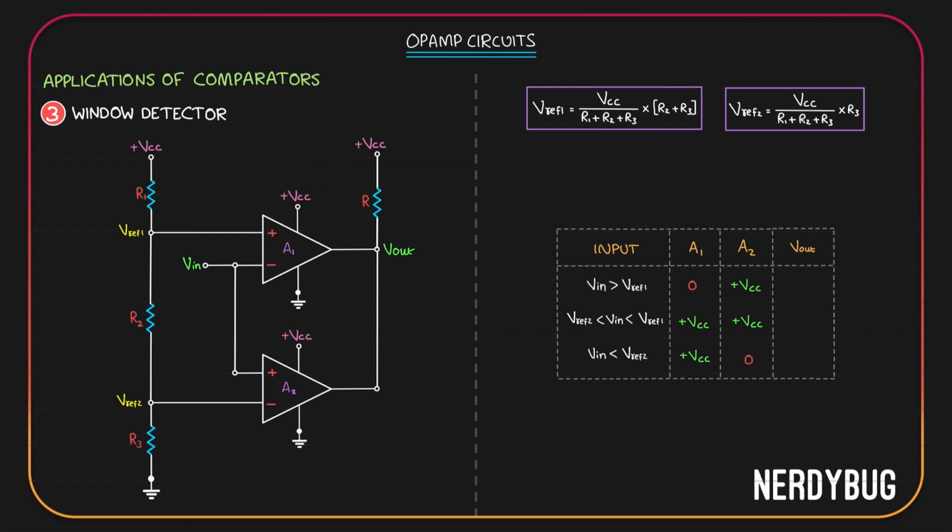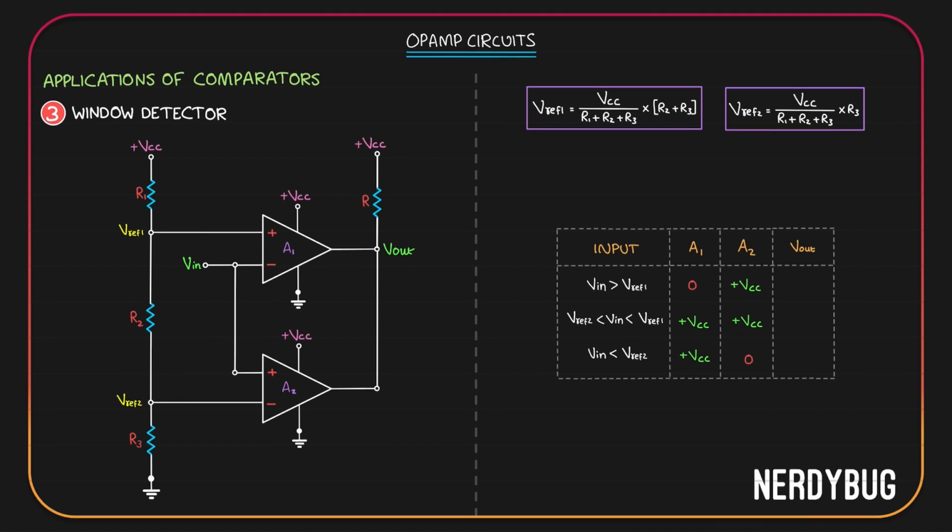And that is perfectly fine. The supply rails don't have to be equal and opposite all the time. All they do is just decide how far the output can swing. Since we used plus VCC and 0, the output of this circuit can only swing between 0 and plus VCC. That's all the difference that it makes.